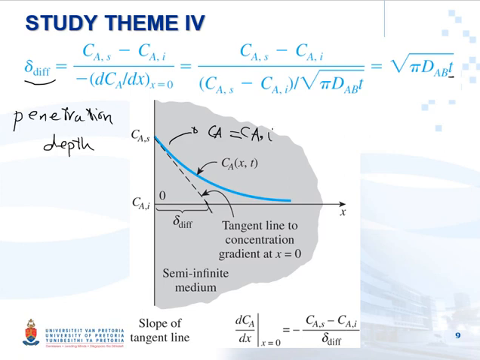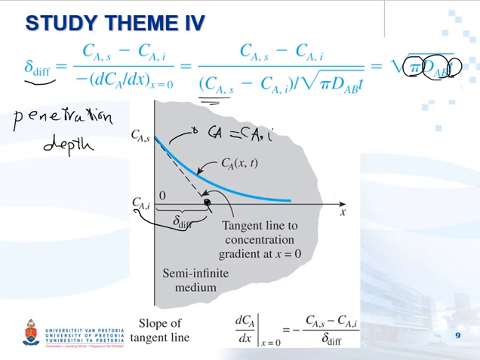When that intercepts the x, this will be the penetration depth. So it's not very complicated. You see that there is a correlation ready for it, and penetration depth doesn't have any connection to concentration. The only things that you need to calculate it are the pi constant, which you know, the time, and the diffusion coefficient. So penetration depth is independent of concentration.